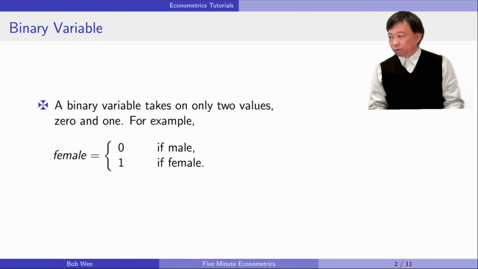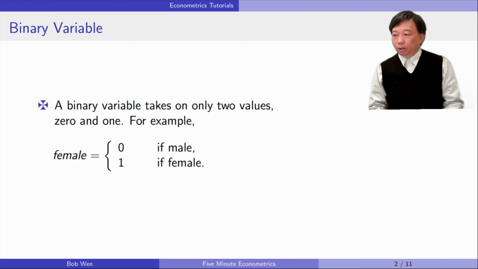A binary variable takes on two values, usually 0 and 1, to indicate these qualitative features of individuals or firms. In other words, we classify all observations into two groups, identified by two values, 0 and 1.